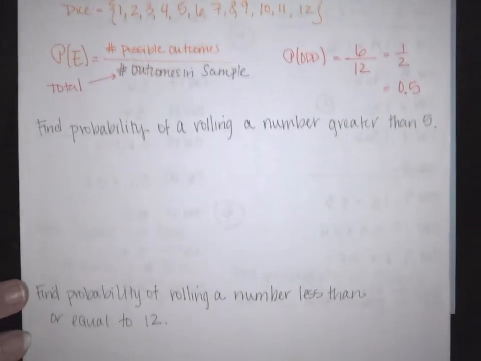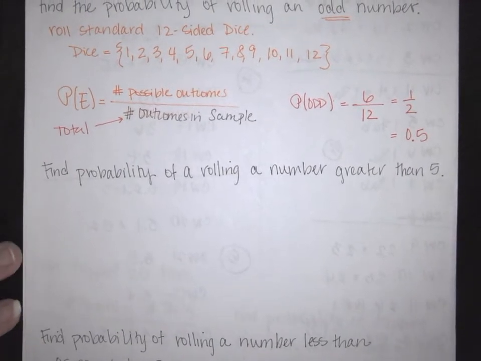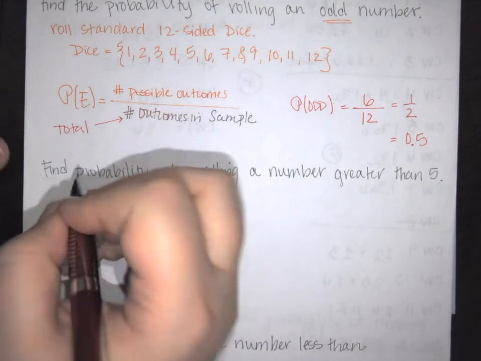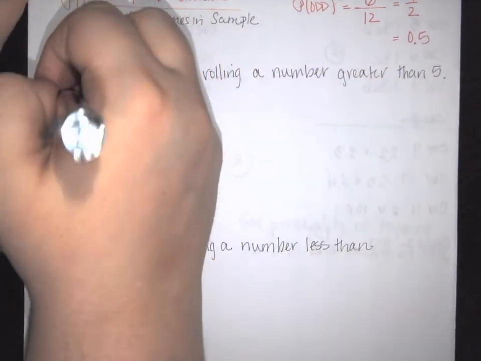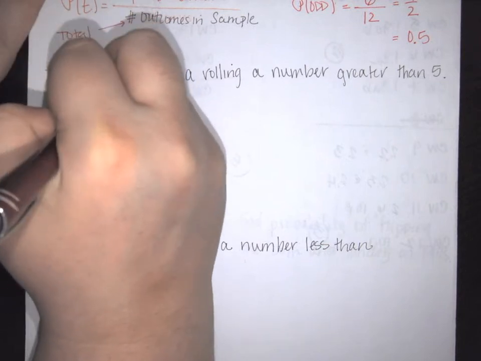Alright, let's look at another one. Here we're going to use the same idea of a 12-sided dice, and in this case we want to find the probability of rolling a number greater than 5. Okay, so again, if we use that 12-sided dice, we again would want to look at what your sample is.